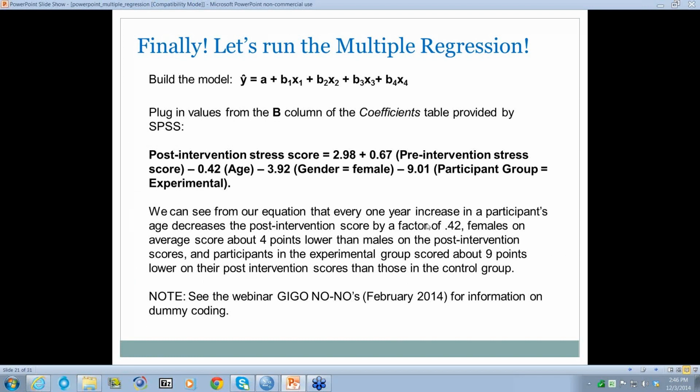We can see from the equation that every 1 year increase in a participant's age decreases the post-intervention stress by a factor of 0.42. Females on average score about 4 points lower than males. And those in the treatment group that did get the intervention, the biofeedback, scored about 9 points lower than those who didn't.